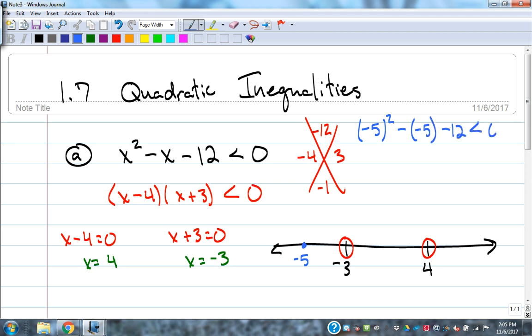Is that less than 0? That's what we want to know. So that's 25 plus 5 minus 12. 25 plus 5 is 30. 30 minus 12 would be 18, wouldn't it? Is 18 less than 0? No. So everything in this area is false, because this is false.